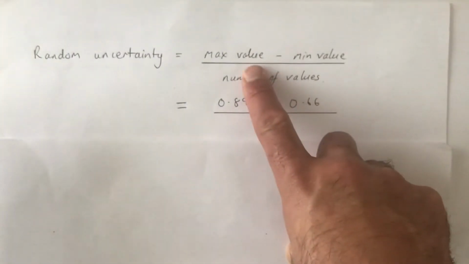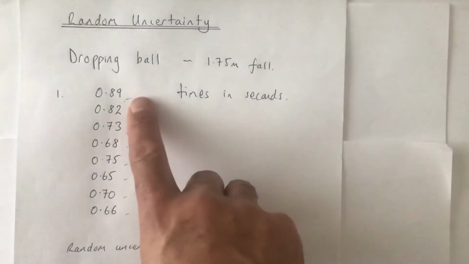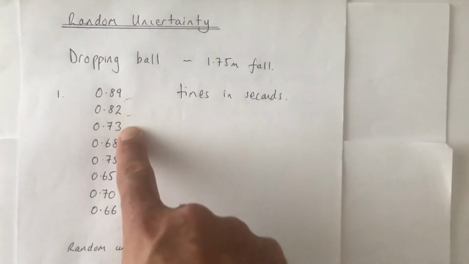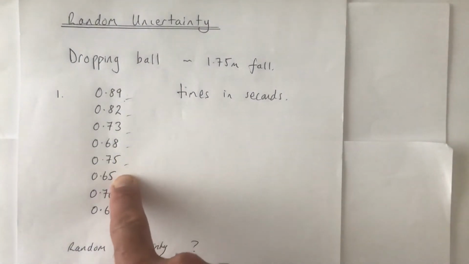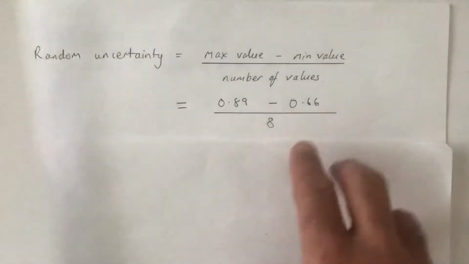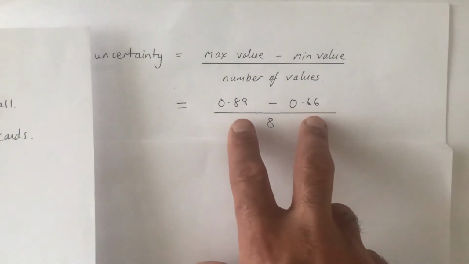Okay, so the random uncertainty is calculated using the maximum value minus the minimum value, divided by the number of values. So on this one, the 0.89 is the maximum value, and 0.65 is the minimum value. So you can see, oh dear, I've made a mistake.